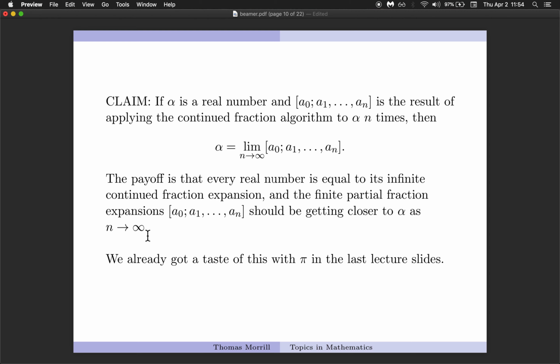Well, that's okay, because these truncated, finite continued fractions are supposed to be getting ever closer and closer to the real number alpha. So these numbers will work as approximations to alpha. We got a taste of that working with pi in the previous lecture. Today we're going to be focusing on some arbitrary number alpha and talking a little bit about how well this kind of approximation can work.